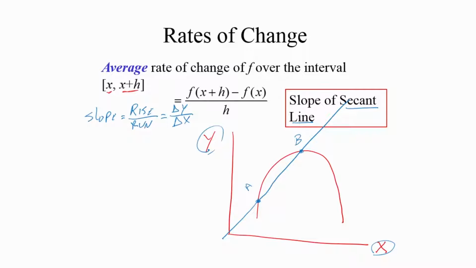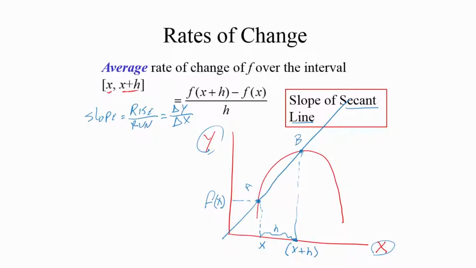So what we're going to say is point A has the coordinates x and f of x, whatever the x value is, and point B, which is h away, this distance is h, so that would be x plus h.